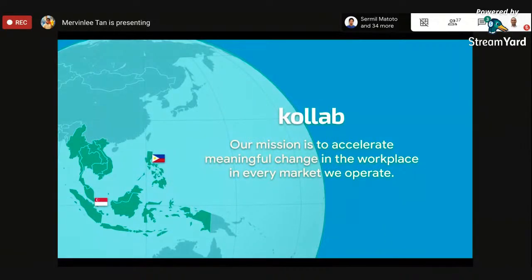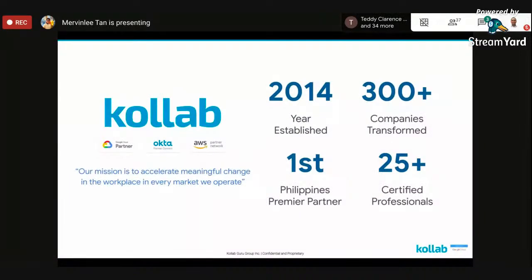We are a Google Cloud and Okta Premier Partner, and recently we've become an AWS partner as well. We established ourselves way back in 2014, and we're around 25 plus people. Serm is actually one of us as well, so feel free to ask any Google Cloud, AWS, or Okta questions later.